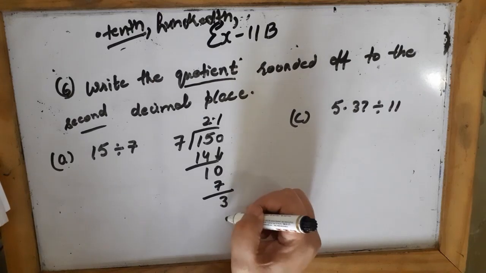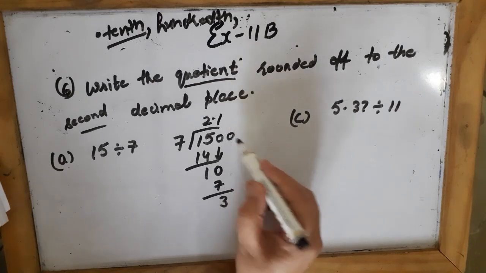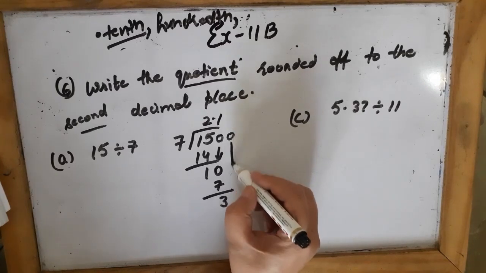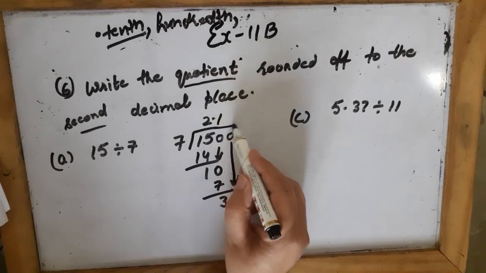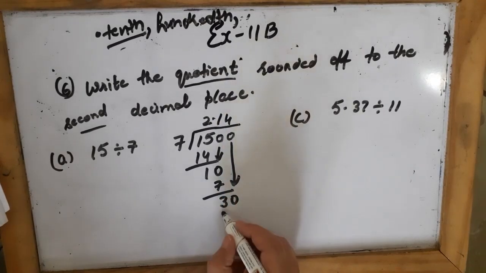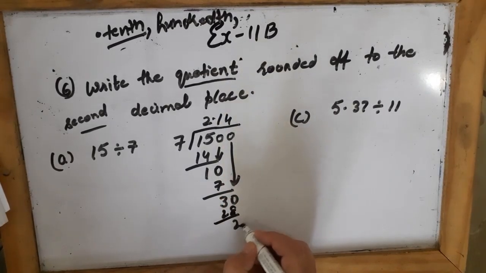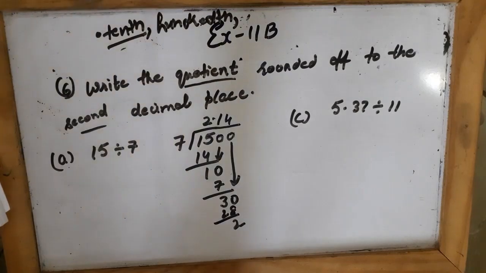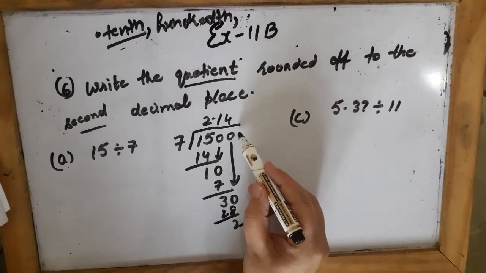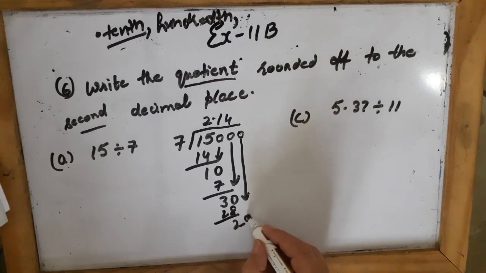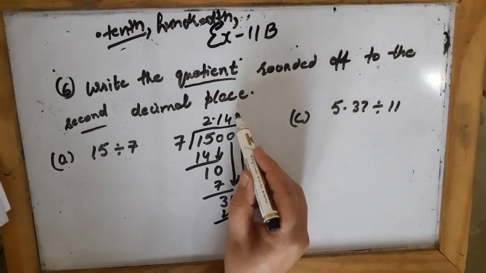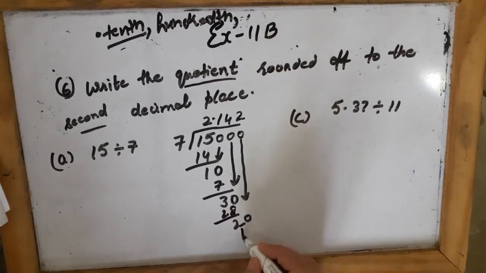Now again I want to continue this sum. So you add 1 more 0, and this 0 you bring down. Now 7 4s is 28. Now 2 is left, and you can add one more 0 here. Bring this 0 down. Now 7 2s is 14, and you are left with 6.